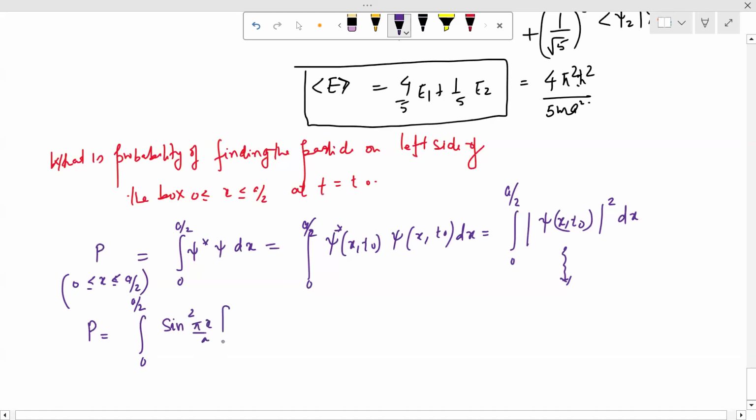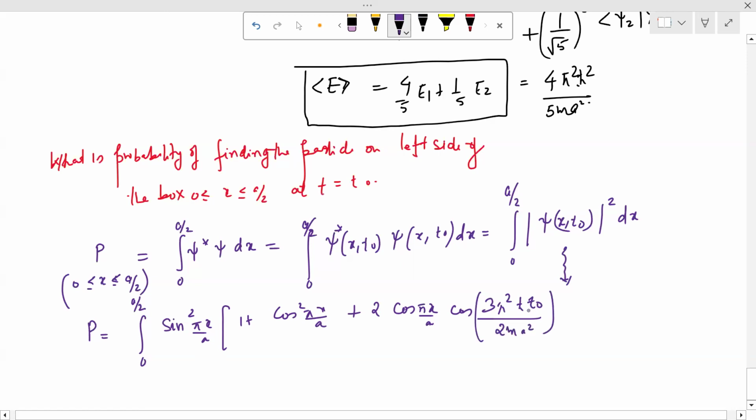Then you will have 1 plus cos square pi x upon a plus 2 cos pi x upon a cos 3 pi square hk t naught upon 2 m a square.